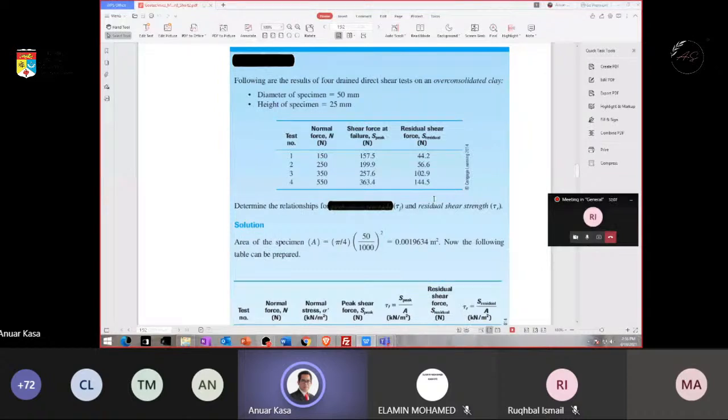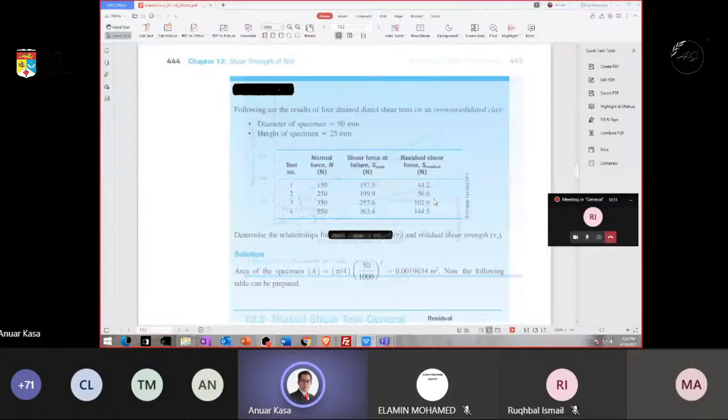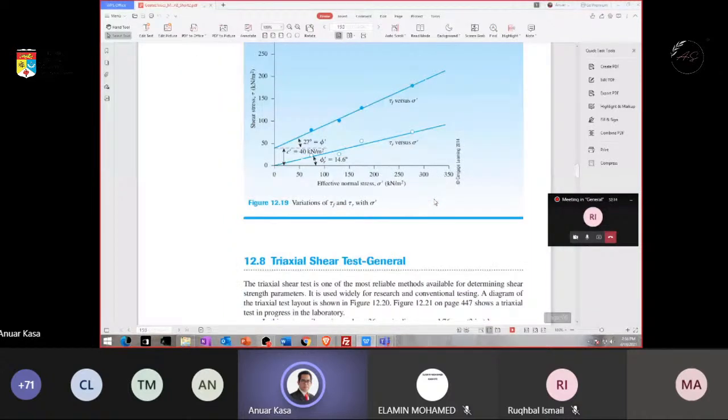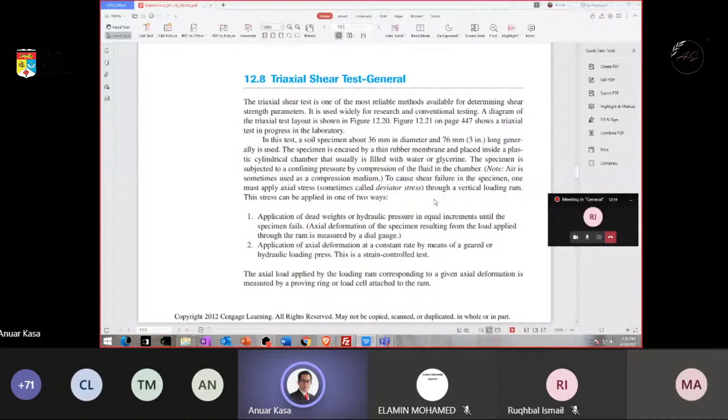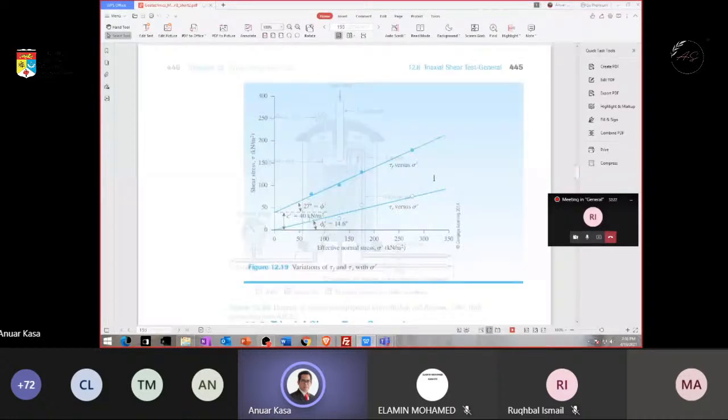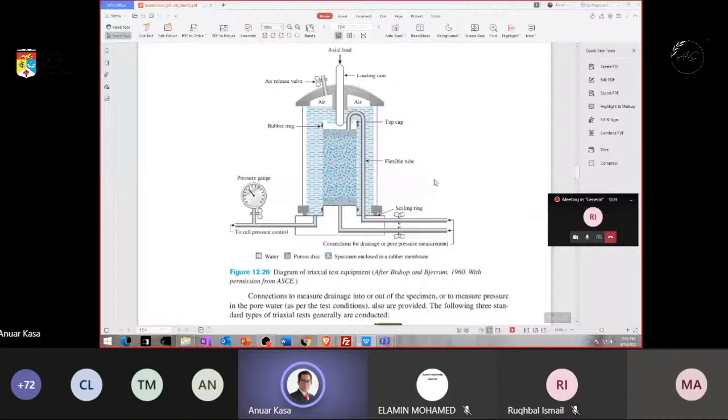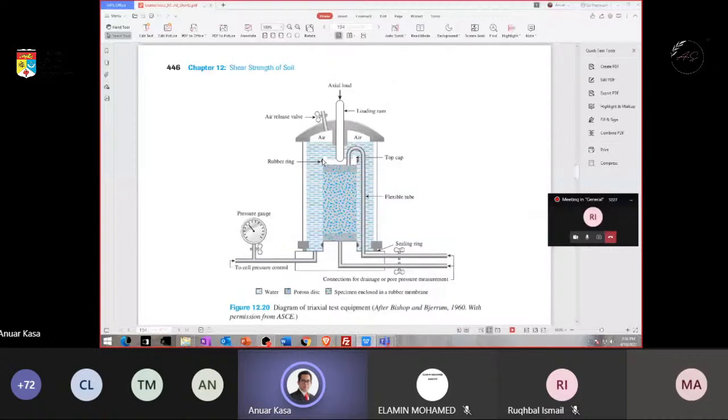Okay, for triaxial, now the apparatus is like this one. The sample is inside here, and we have a container here, and then we apply load from the top, axial load. This is actually the normal stress applied to the sample here.